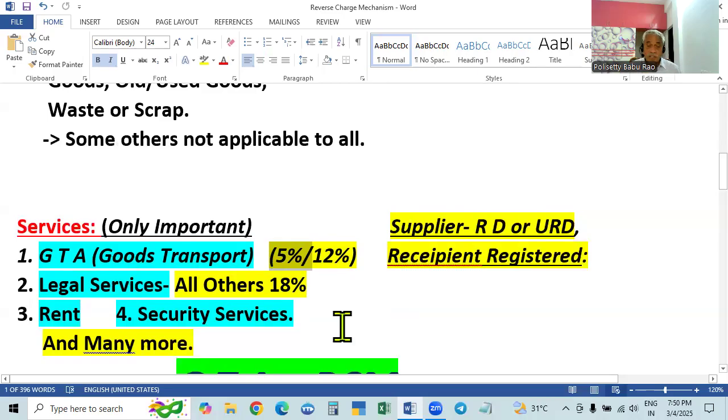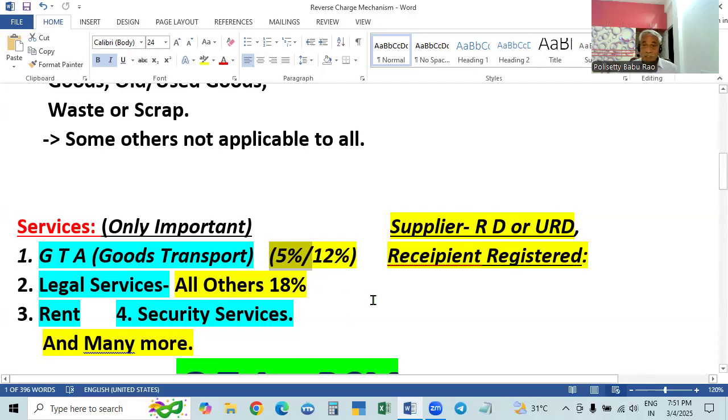Goods Transport Agency means any person, any business organization, giving services in relation to the transportation of only goods, not passengers. Transportation of goods by road, railway, airways, waterways does not come under GTA, Goods Transport Agency.